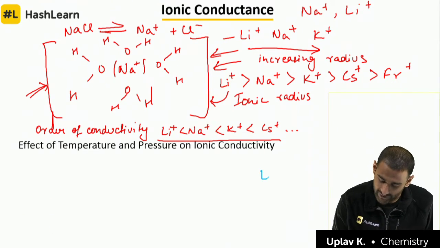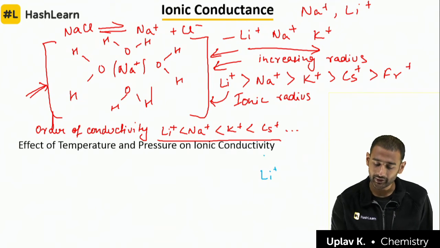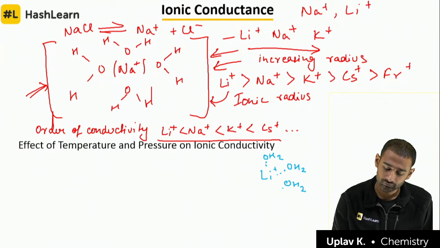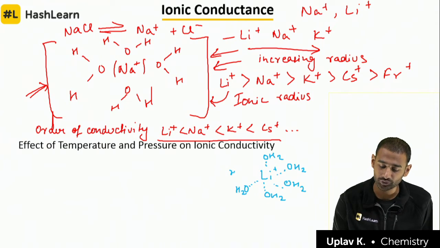Okay. So suppose this is the Li, right? Now in Li, the OH2 will bond like this. And whenever I am talking about conductivity, I want the charged particles to move, right?